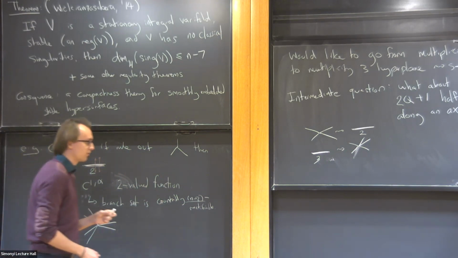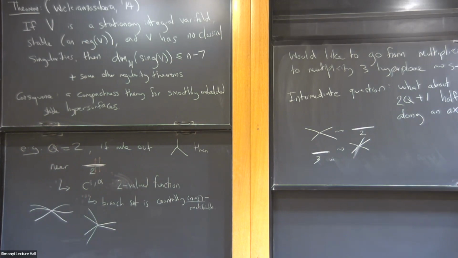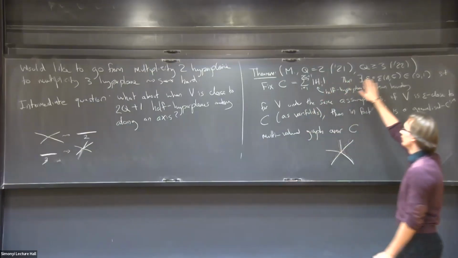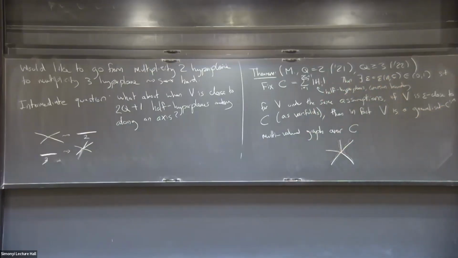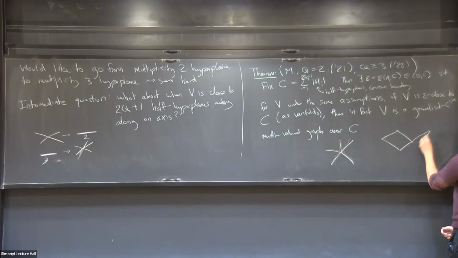And that drastically helps. So one of the key differences between the q is 2 case and q at least 3 is that you can still prove this result in a setting where the branch set could be very, very large. If I were to draw a two-dimensional picture, it's a triple junction, but let's put these as multiplicity 2.